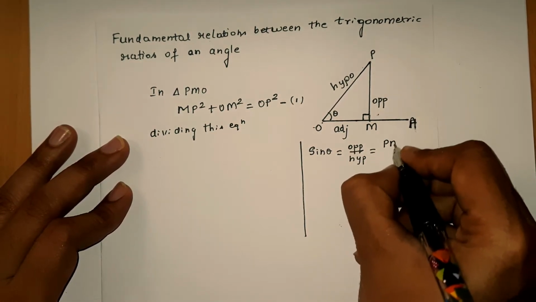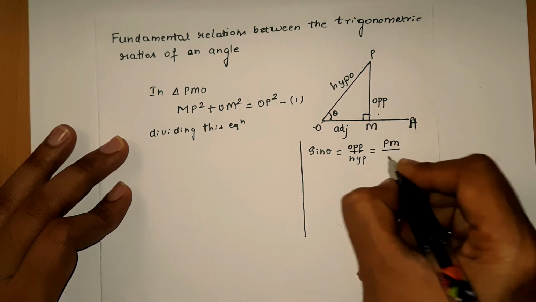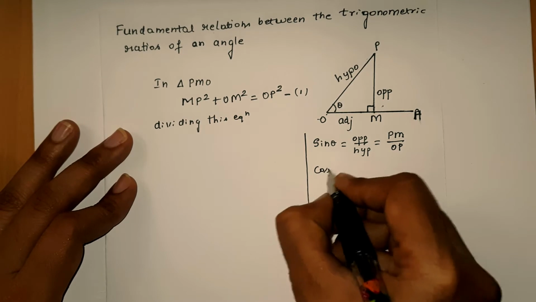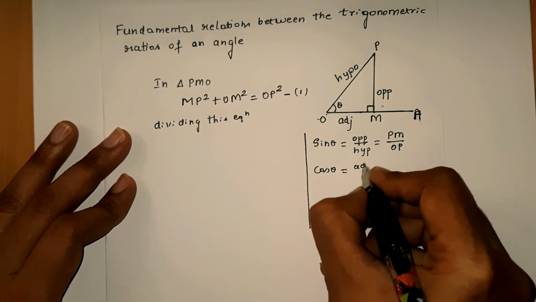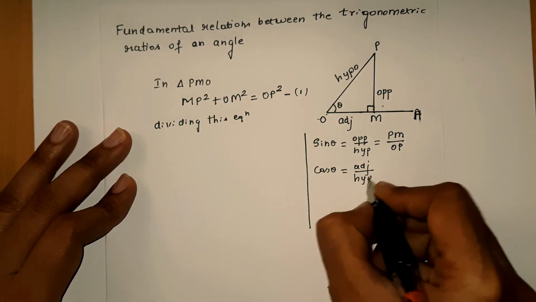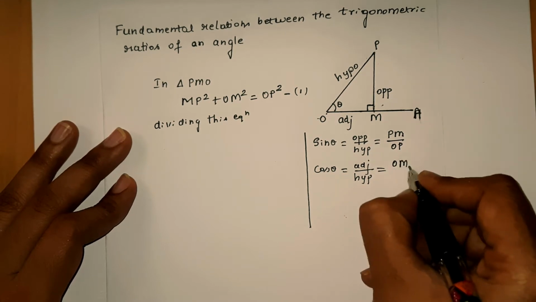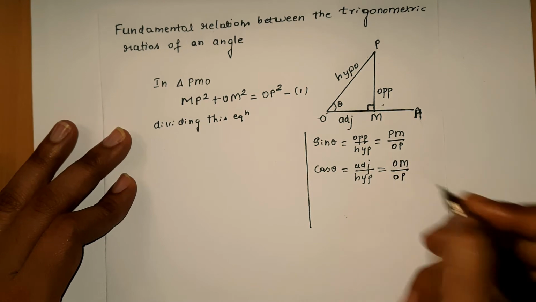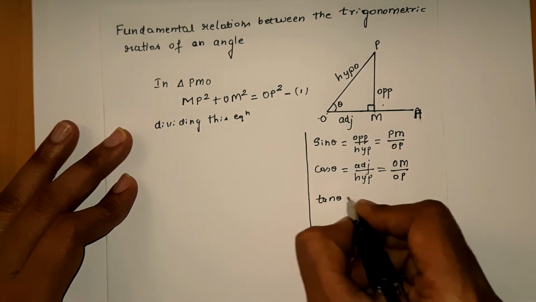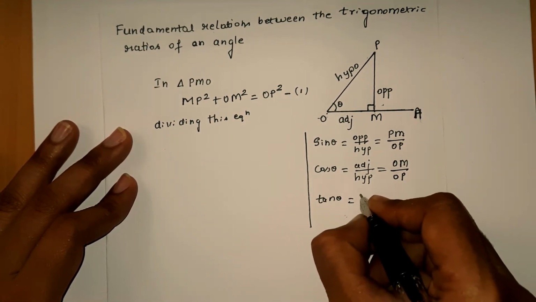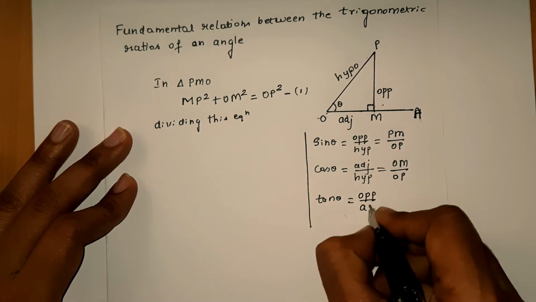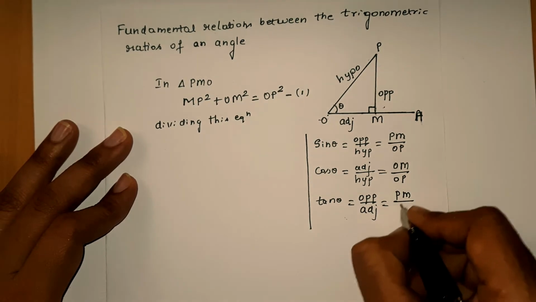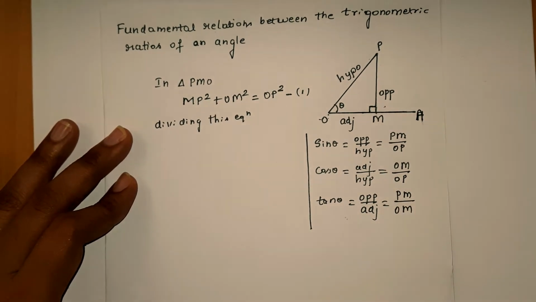Opposite side is PM and hypotenuse side is OP. And cos theta is given by adjacent side by hypotenuse, which is OM by OP. And tan theta is given by opposite side by adjacent side. Opposite side is PM and adjacent side is OM.